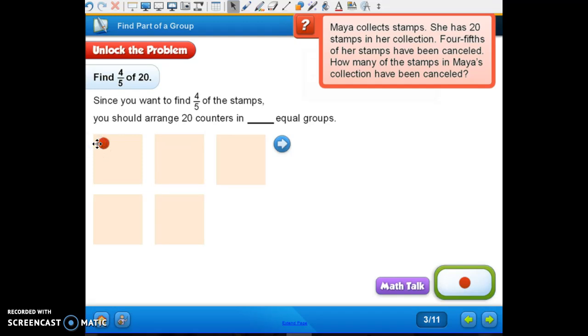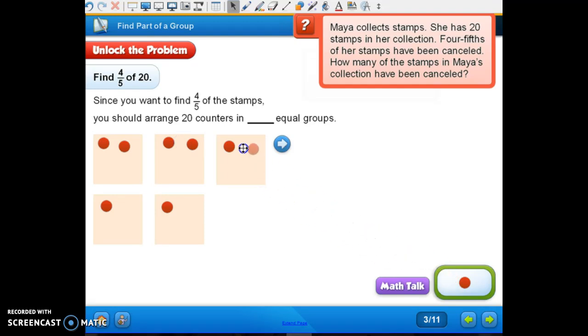And I think one of the easiest ways to do this is to start putting them into 5 groups. So you would have 5 of them spread out on your board like this, or on the table in front of you, so that you have 5 groups. And then you're going to give another one to each group.